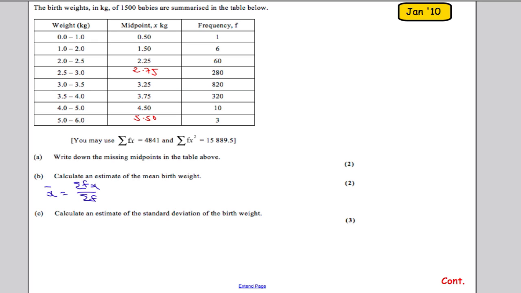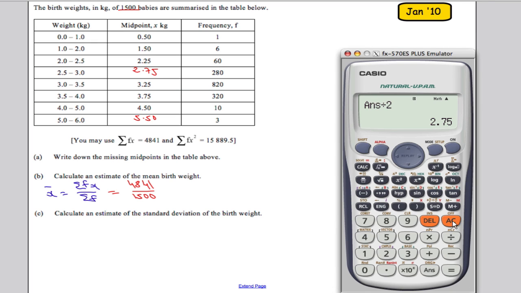Now in this case, sum of fx we know to be 4,841, and the sum of f, the sum of the frequencies, has also been given to us here. It's 1500. If you didn't believe me, you could just add up all these frequencies here, but by interpreting the question, I can save myself a little bit of time.